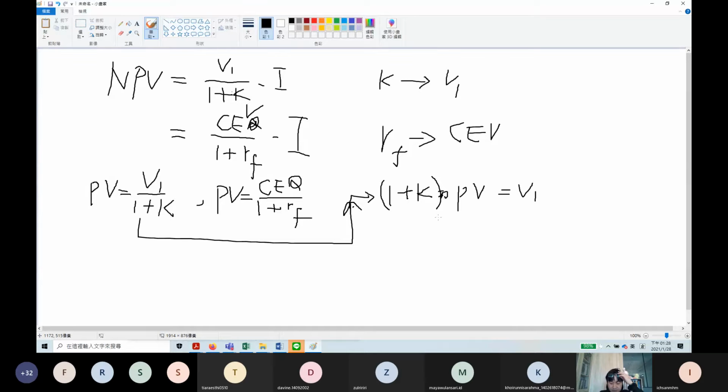And we know this K by CAPM can be rewritten as the risk-free rate plus beta i times the expectation operator on the market return, RM.